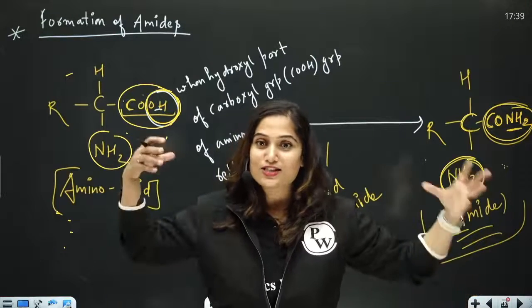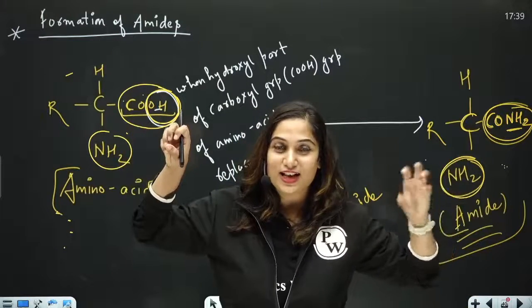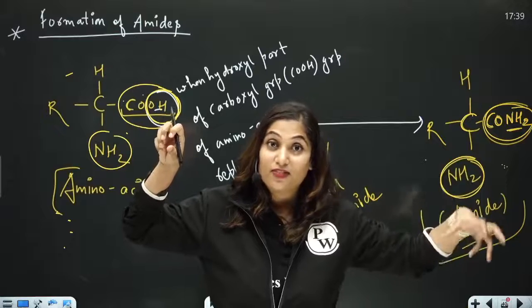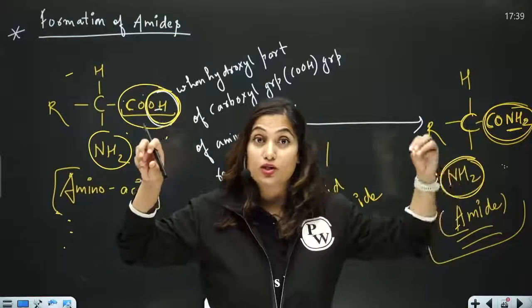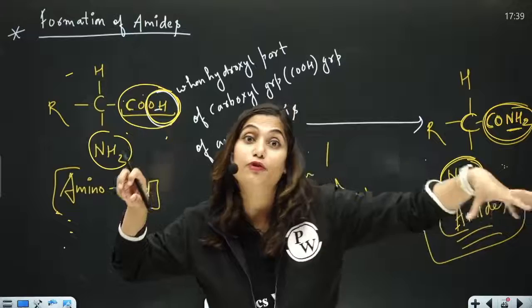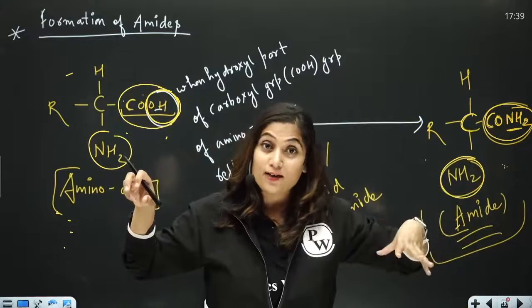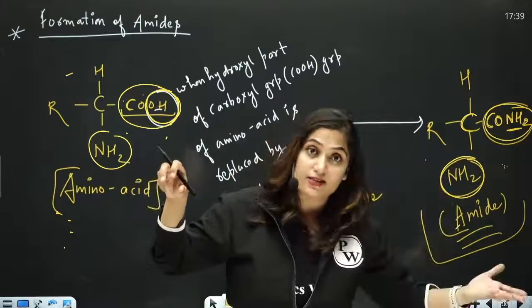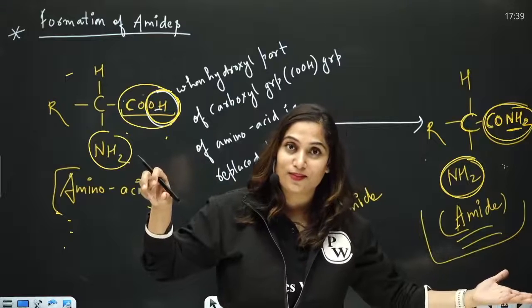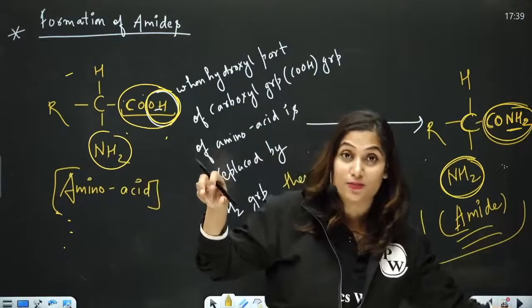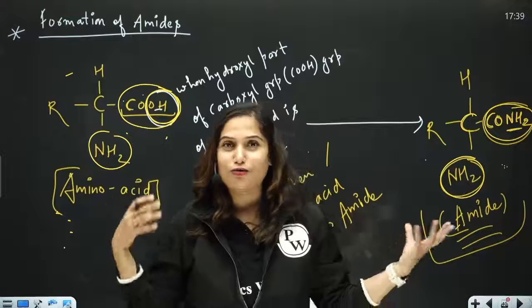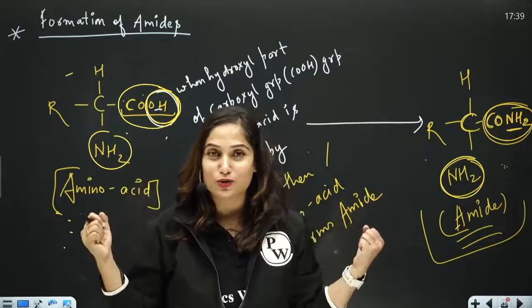So how has it used that ammonia? First, it has converted it to amino acid, then it has used that amino acid to form different kinds of amino acids, then it has formed amides from amino acids. See, this is how finally the plants use this nitrogen.